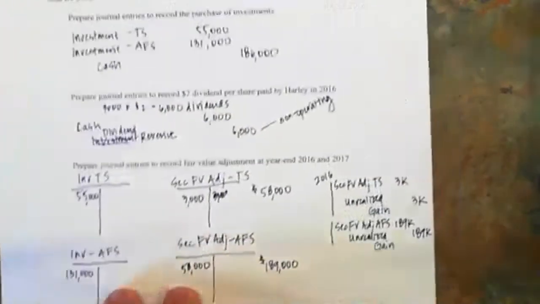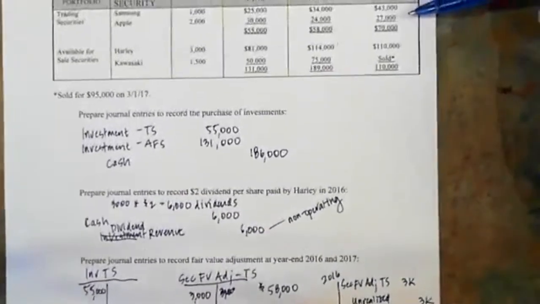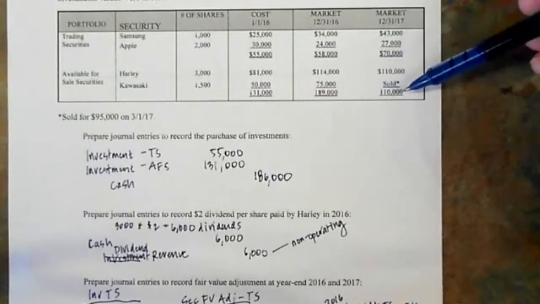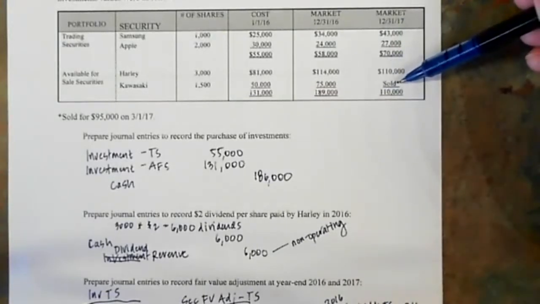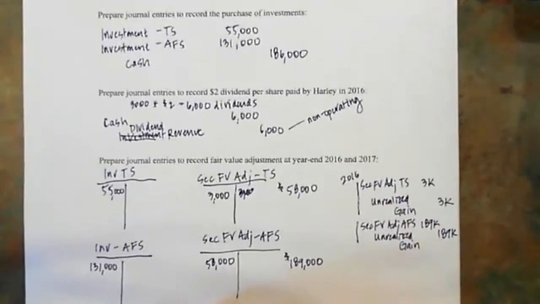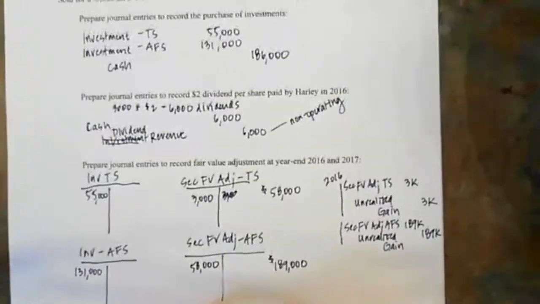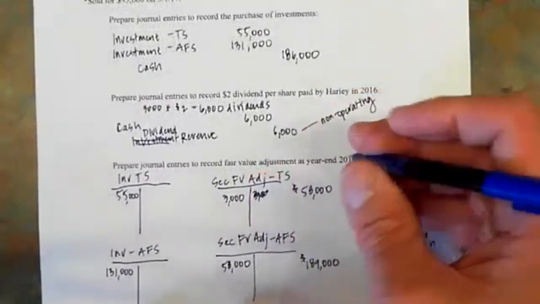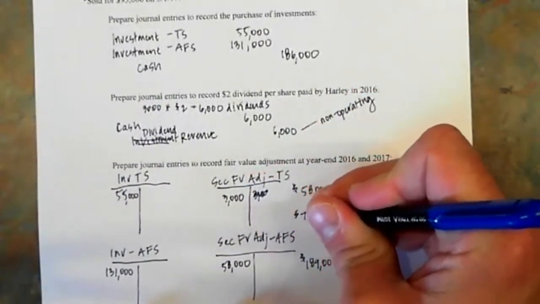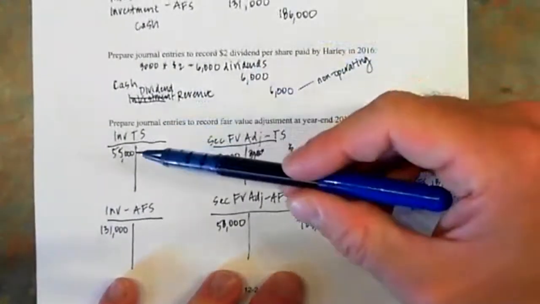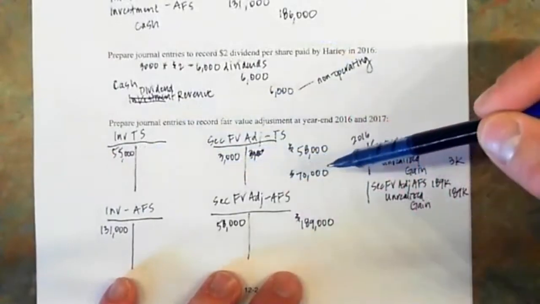For 2017, I have a market value of 70,000, which we'll deal with first, and then we'll come to this because notice now we've sold one of these securities. Right? So at the end of the year, I have a market adjustment for my TS. I want to get them to 70,000. Well, 55 plus what will give me 70?